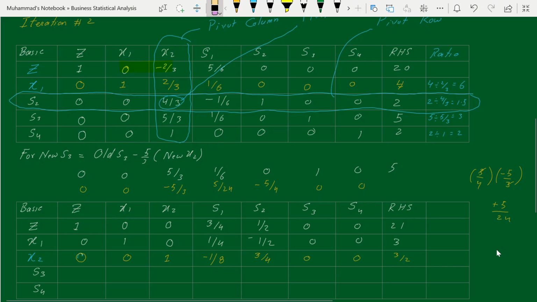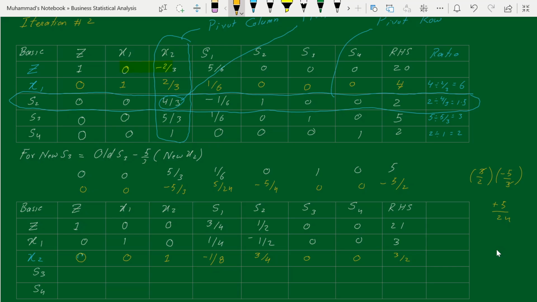And now I will multiply this with 3 by 2. 3 is cancelled, so minus 5 by 2.